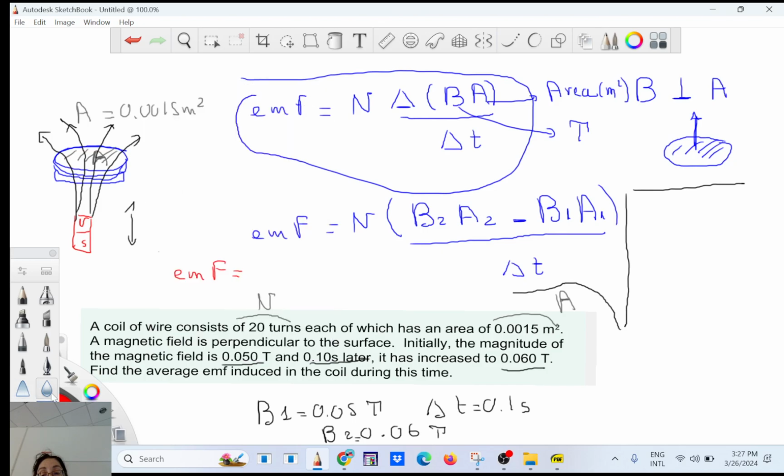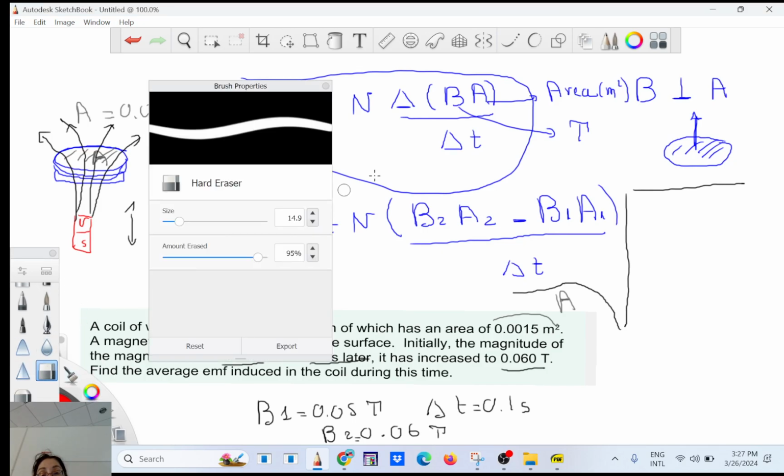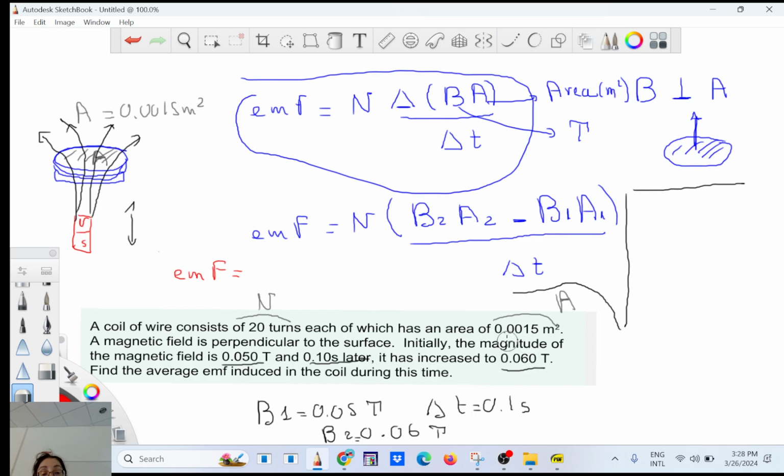I don't know why. Hmm. What is this? It's so different. Yes. Good point. So you need to factor out. I would like to erase this, but it won't let me, so I don't know what to do.